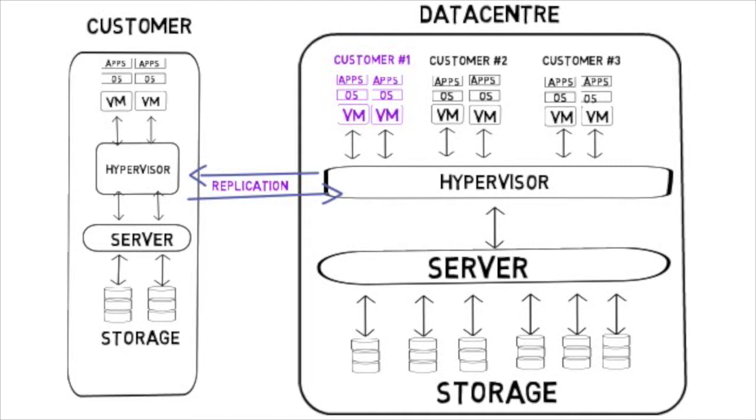The appliance looks at the hypervisor from the customer side and takes all the changes that the hypervisor is committing to both the storage and the operating system, and mirrors that over to the data center or cloud platform. Once it mirrors it over, it stores that data securely inside the virtual data center of either customer 1 or customer 2, and neither of those customers can see each other's replicated data.